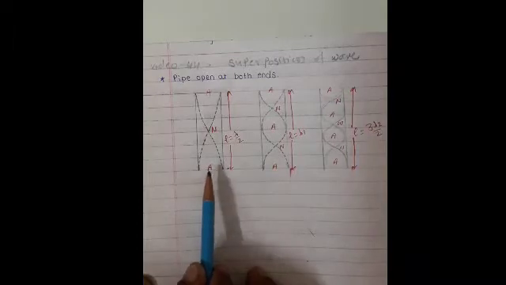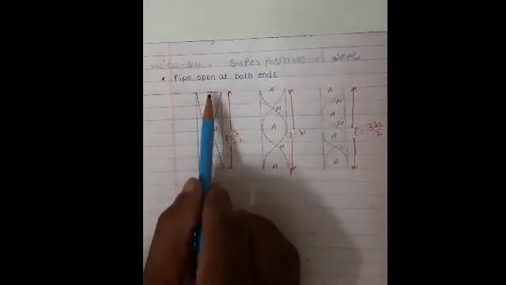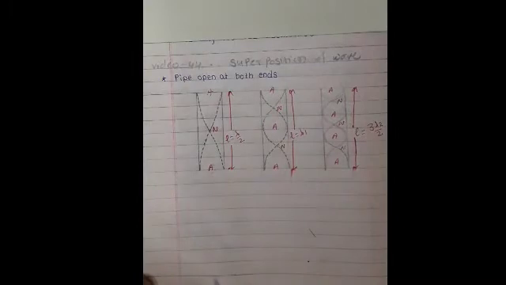When the pipe is closed at one end, there must be a node at the closed end and an antinode at the open end. But here the pipe is open at both ends, therefore we have to consider the boundary condition that there must be an antinode at each open end.